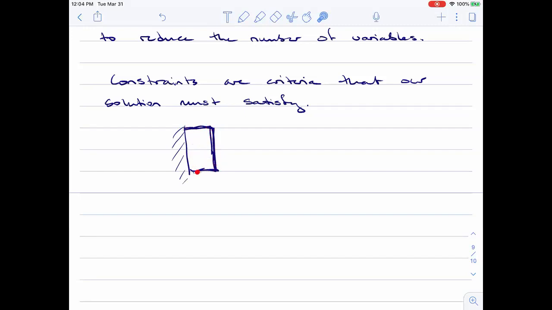So we have to take into account that I can't have a negative width, for example. The width has to be positive, but I also have to maximize the area given the amount of fencing that I have. So that's just one of the main types of examples.